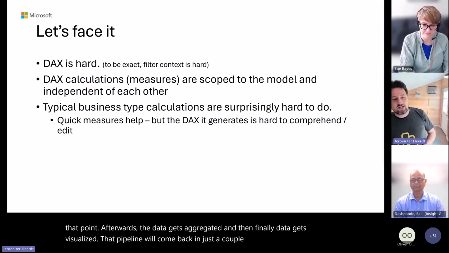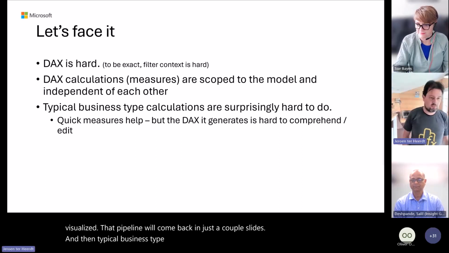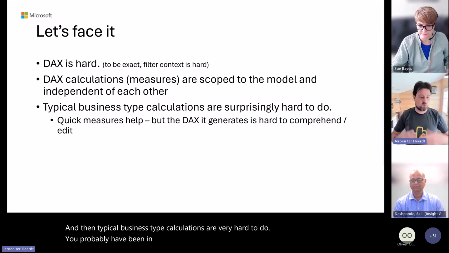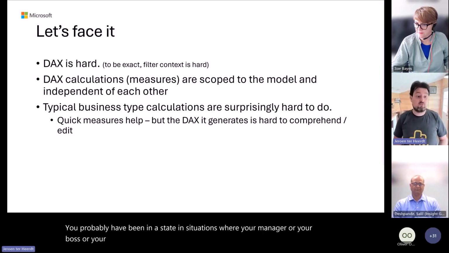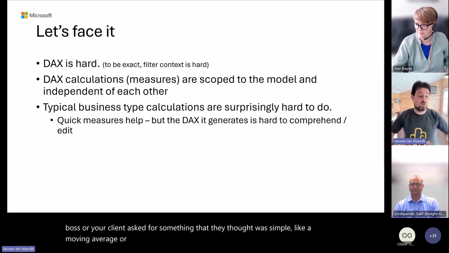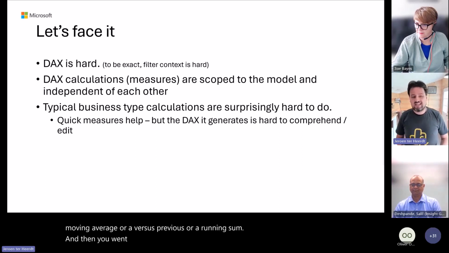And then typical business type calculations are very hard to do. You probably have been in situations where your manager or your boss or your client asked for something that they thought was simple, like a moving average or a versus previous or a running sum. And then you went back and said, yeah, in DAX, that is not as easy as you might think, right?